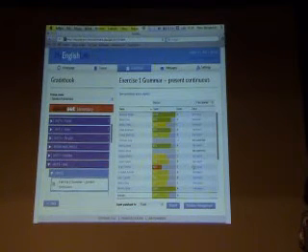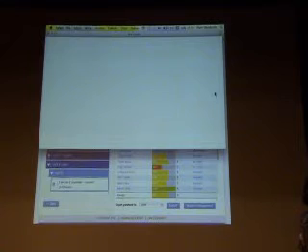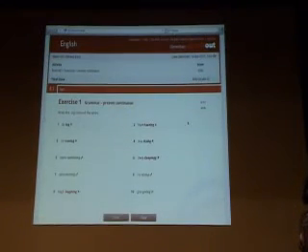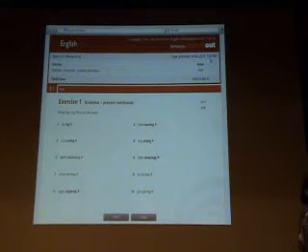So if you click on See Report, you can see the errors she has made. So you can perhaps give her some extra work and then see how well she did. Let's close this.